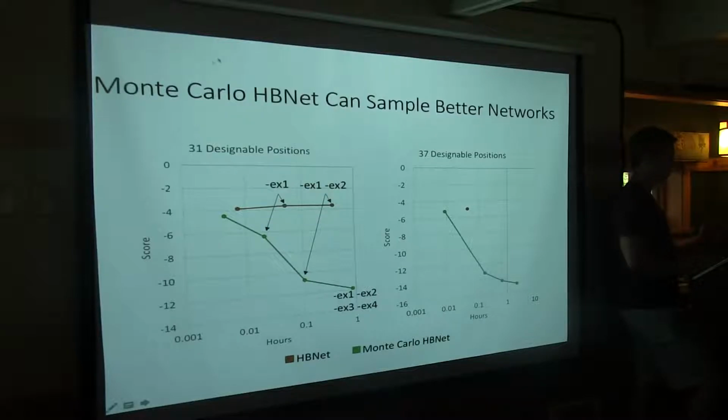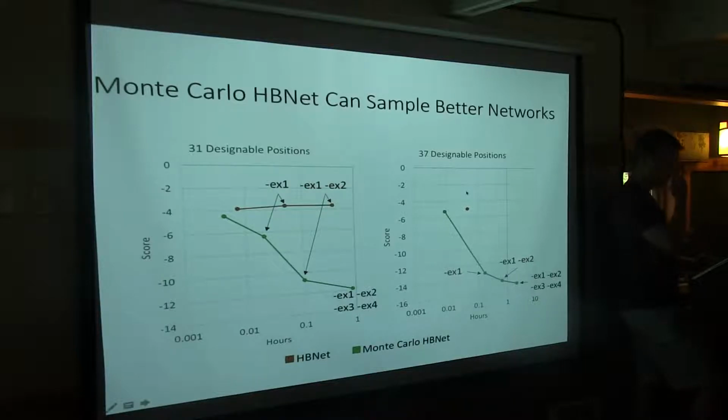So the first point, no extra chi sampling, EX1, 1, 2, 1, 2, 3, 4. We don't actually have an orange point, an HBNet point for 1, 2, 3, 4 because that took longer than a week. So didn't include it. Likewise on the right, it only took EX1 to make HBNet take longer than a week, whereas Monte Carlo HBNet could do 1, 2, 3, and 4 in a few hours.